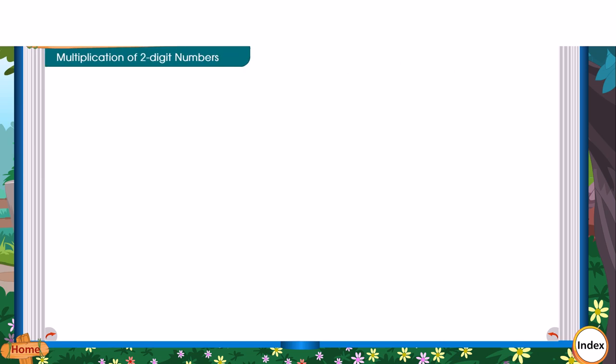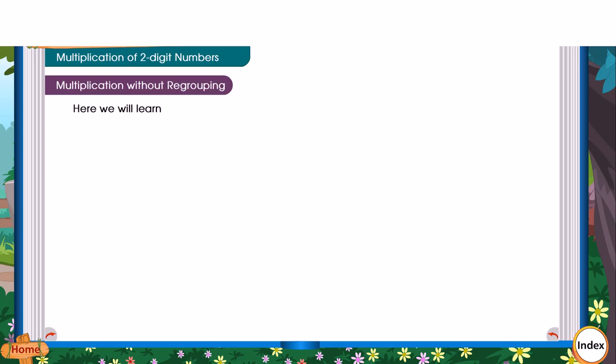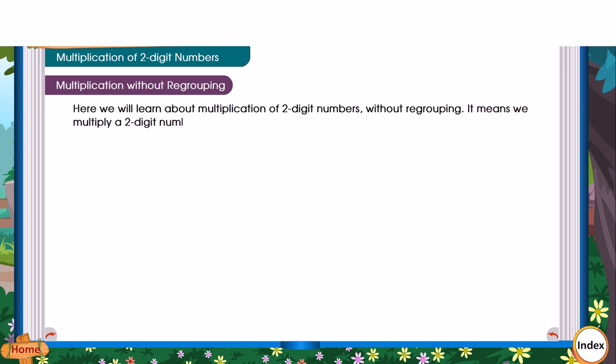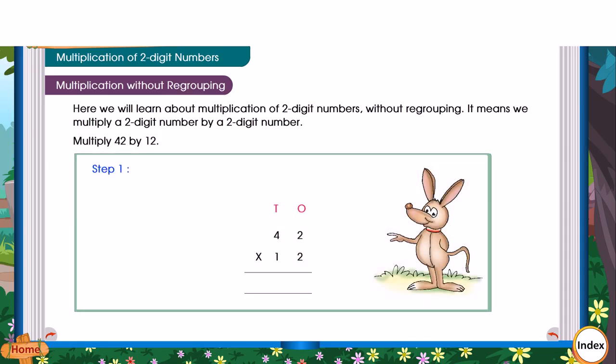Multiplication of 2-digit numbers. Multiplication without regrouping. Here we will learn about multiplication of two-digit numbers without regrouping. It means we multiply a two-digit number by a two-digit number. Multiply 42 by 12. Step 1.